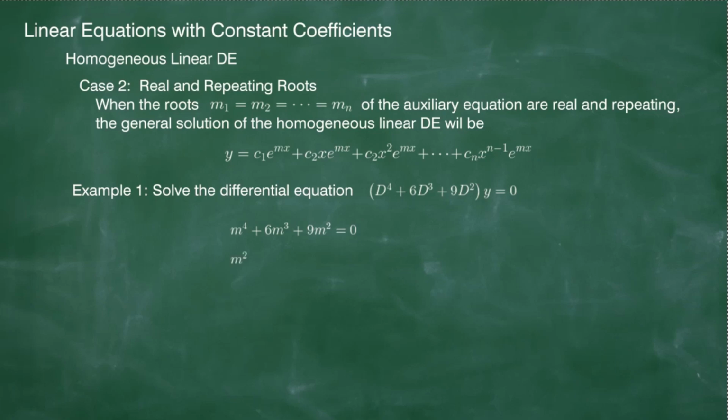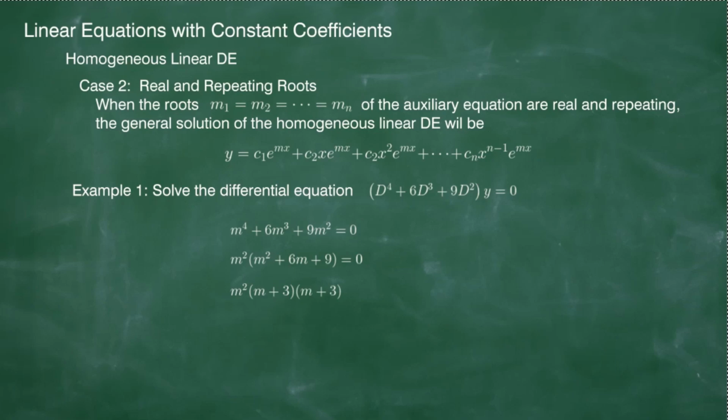We're left with m squared plus 6m plus 9 equals 0. Next, we factor m squared plus 6m plus 9, and we have m plus 3 times m plus 3 equals 0.